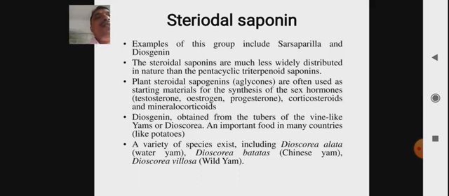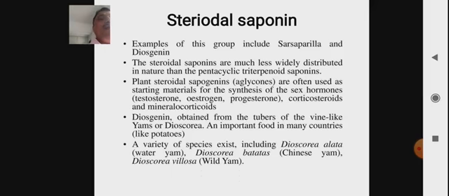Examples of this group include sarsaparilla and diosgenin. The steroidal saponins are much less widely distributed in nature than the pentacyclic triterpenoid saponins. Plant steroidal sapogenins, that is the aglycone part, are often used as starting material for the synthesis of the sex hormones testosterone, estrogen, progesterone, corticosterones and mineralocorticoids.